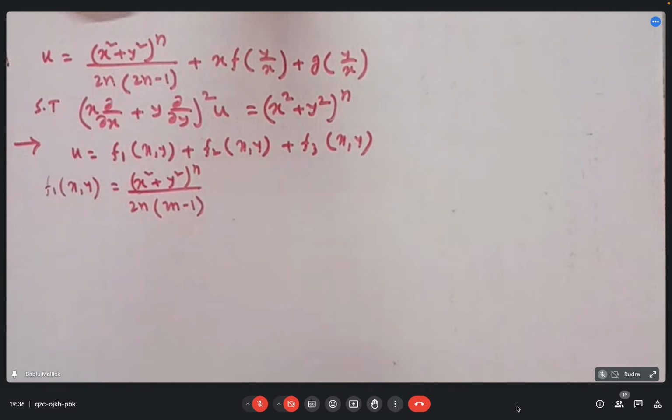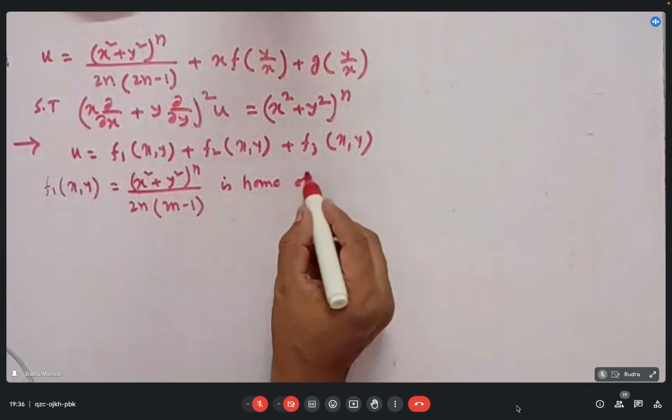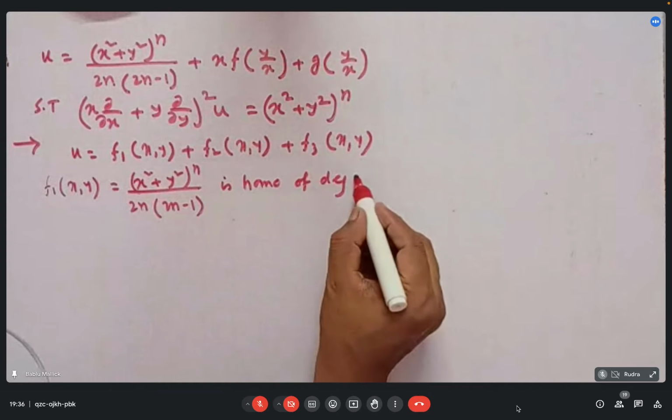Clearly it is a homogeneous function of degree 2n.